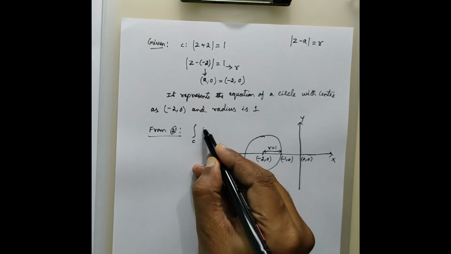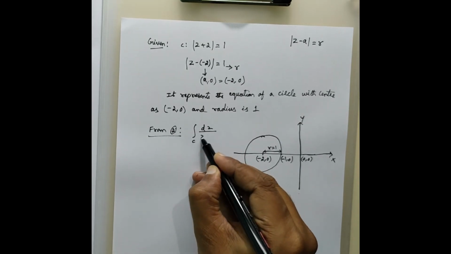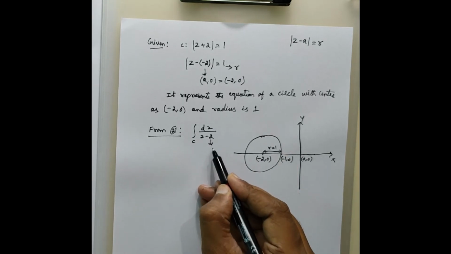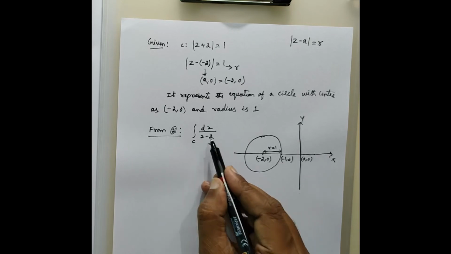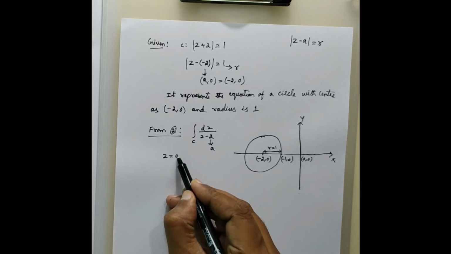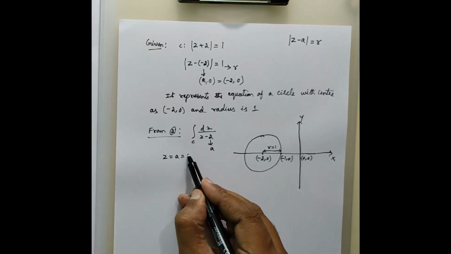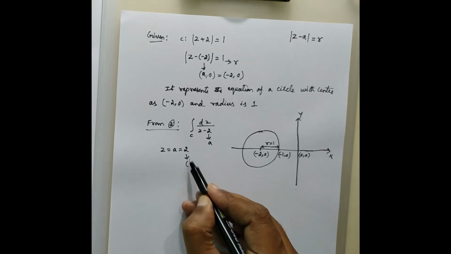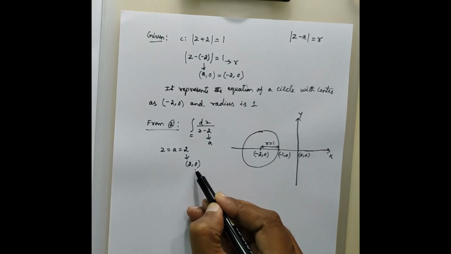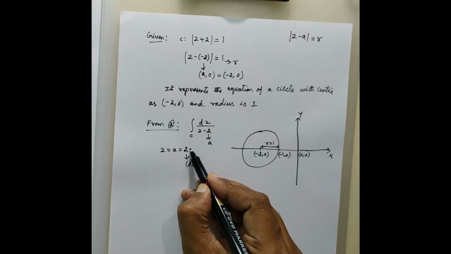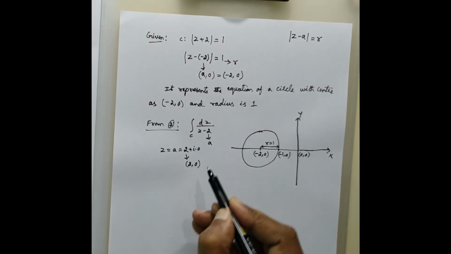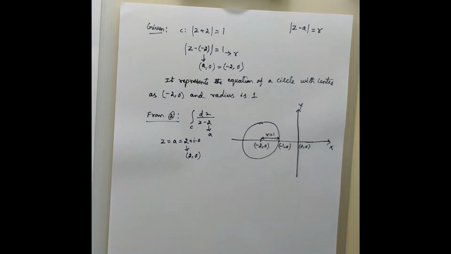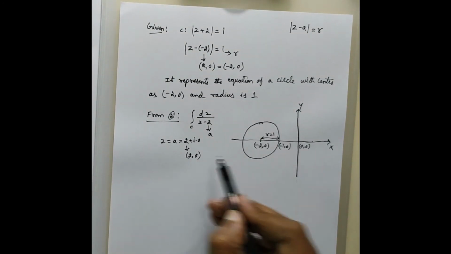Integral over C dz by z minus 2. So here 2 is nothing but your value of a, the z minus a form. So you got the value of a as 2. So 2 is nothing but your coordinate value, that is 2 comma 0 will be the coordinate. The reason why I have written it is 2 plus i times 0. So 2 represents your x coordinate, 0 will be your y coordinate. So 2 comma 0 you got.